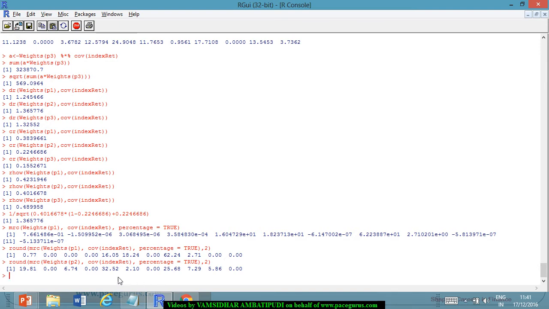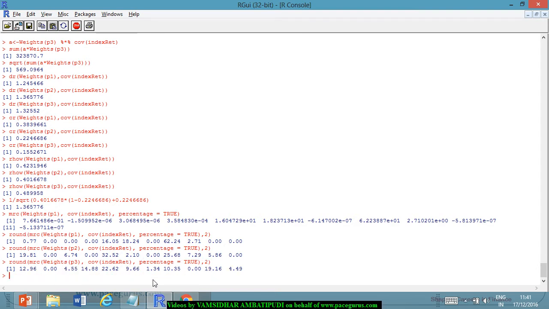These are the contributions from each of the 11 sectors to the overall variance of the portfolio. And in the case of the third also, I could clearly see which sectors are contributing more. Even in this case, real estate in all the cases is coming out to be zero itself, because we did not allocate anything in each of the three cases to the real estate sector as such.